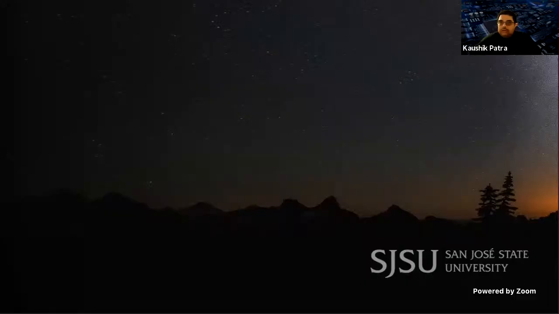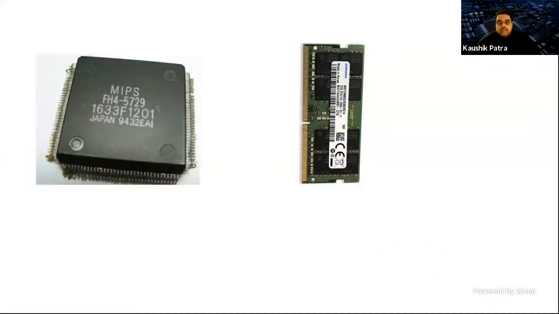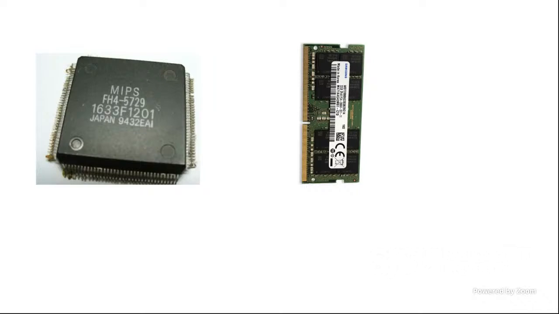So what is happening in this picture is that I just picked some photographs from the internet. One is a photograph of a MIPS processor, the processor we will be studying in this class.